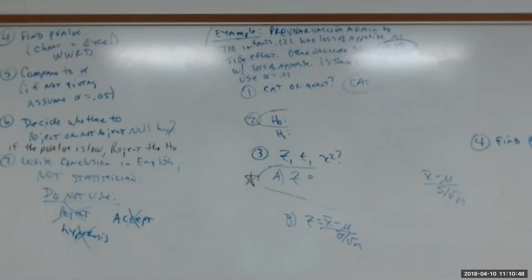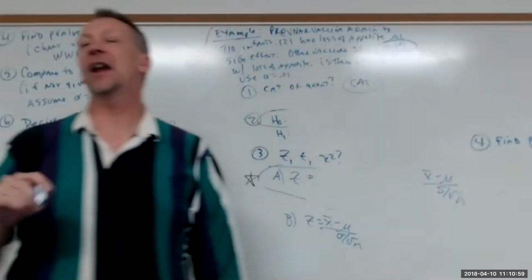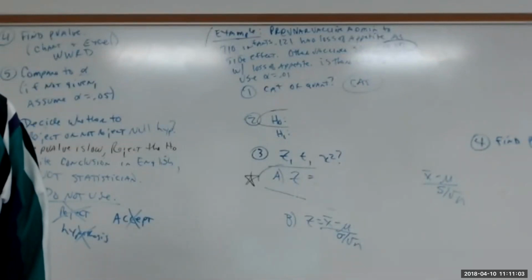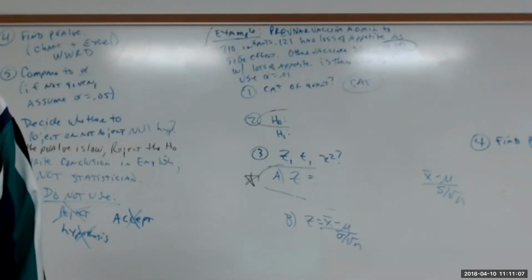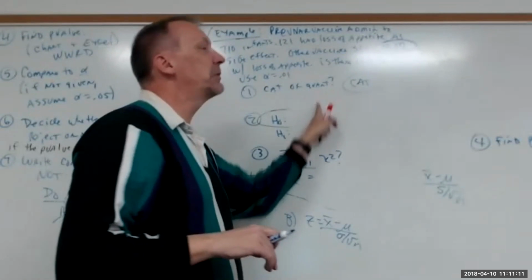No. But when you think about a loss of appetite, what are the lowest and highest values it can be? 0 to 100%. Is this a proportion? Yes. You can't go more than 100%. You can't go less than 0, right? You can't have less than 0% of infants have a loss of appetite. If you miss that step, you're screwed the rest of the way.